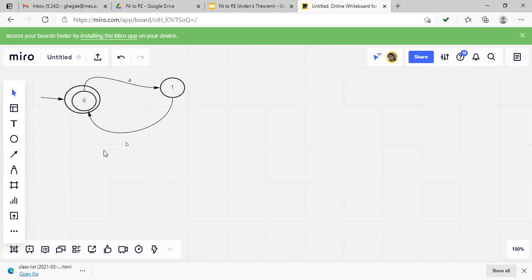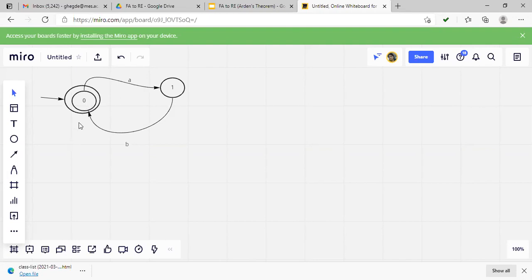In this, you need to eliminate the loop. We started with the start state, that is state 0, and we checked whether we have any loop. We have a loop here from 0 to 1 and 1 to 0. So what to do with this loop now? We have to eliminate it.